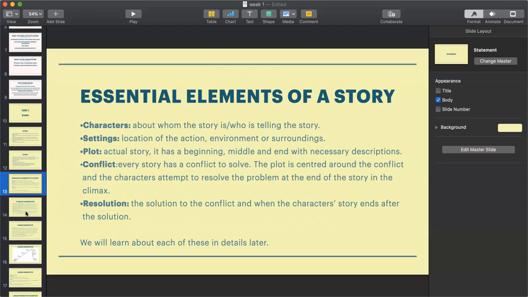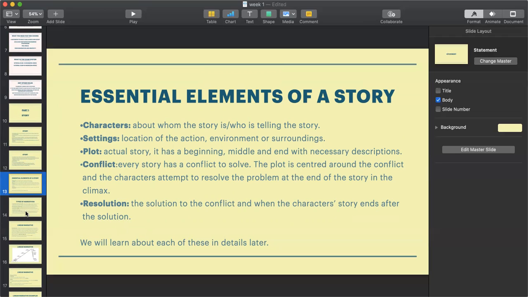Settings we didn't discuss, but it's like telling where the character is. It's very simple. If you are planning it, again, it depends on the genre. Genre means what kind of story you are writing. For example, you are writing a ghost story. You will see in most ghost stories or horror films, there will be an old building, isn't it?